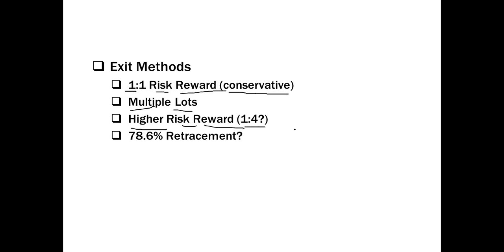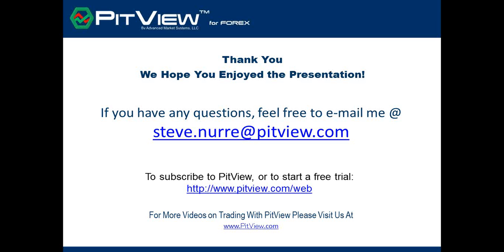And on a lot of Gartleys, a 1-to-4 risk reward ratio is certainly within reach when trading with the Gartley pattern. The 78.6% retracement of what we call the retracement of the Gartley pattern is another exit method for trading this, which I'll show you here in just a second. This is called meat trading, if you will, of just trading the meat or the pass-through of the movement. And again, I'll review this again.